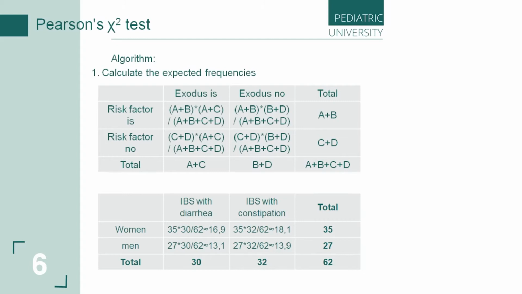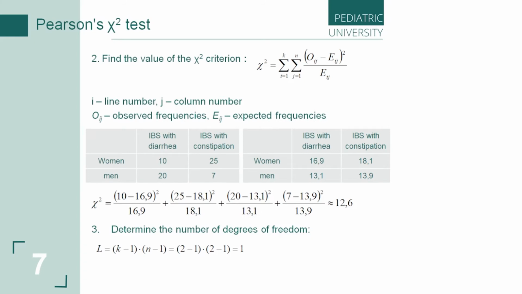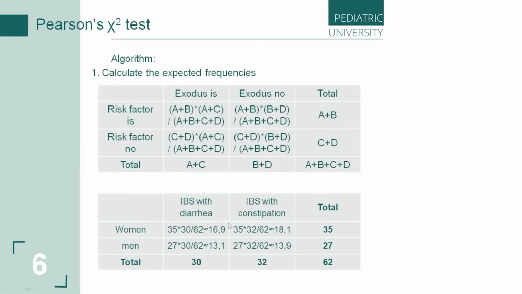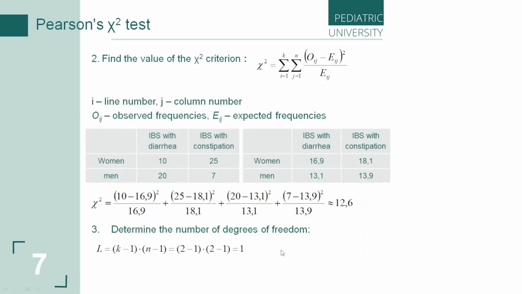We see that they are all greater than 10: 16.9, 13, 18, 13. This is more than 10. So we are entitled to use Pearson's chi-square test.